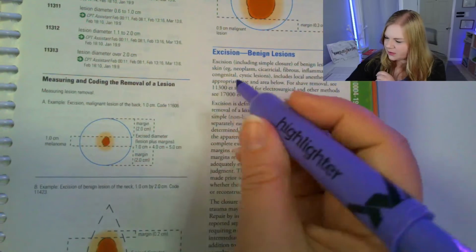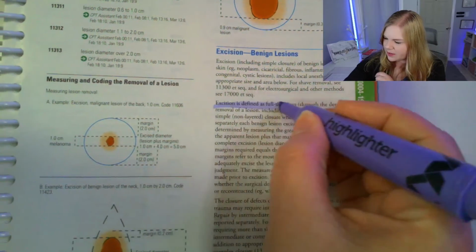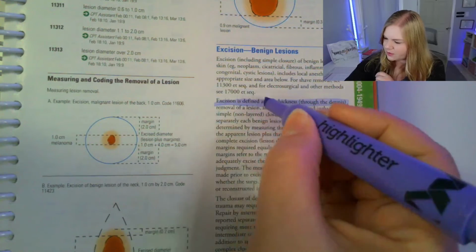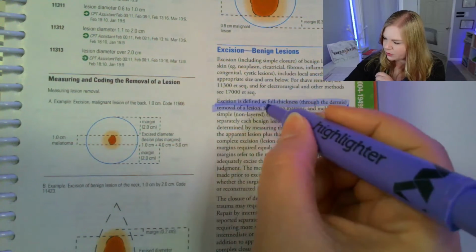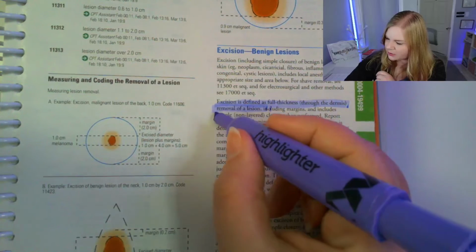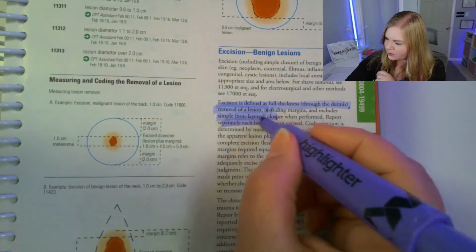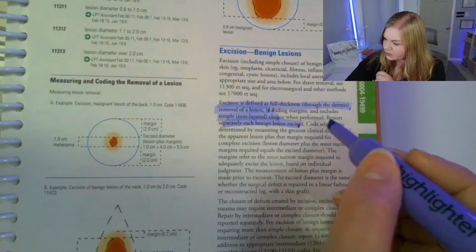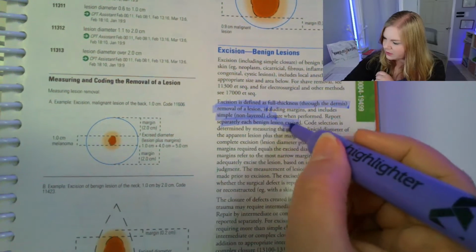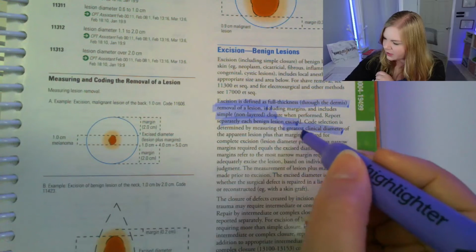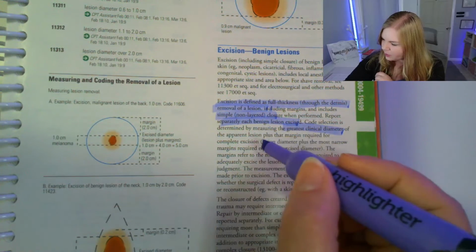So you can see here, excision is defined as a full thickness through the dermis, removal of the lesion, including the margins, and it includes that simple non-layered closure. We report each one separately. And it says code selection is determined by measuring the greatest clinical diameter of the lesion plus the narrowest margins.